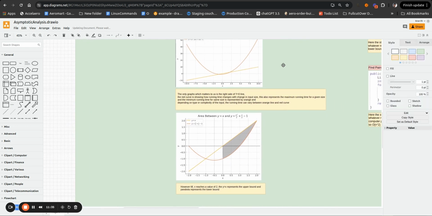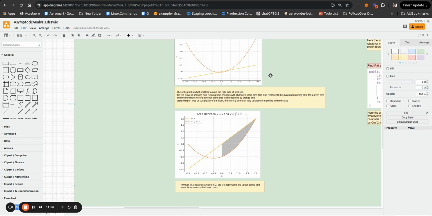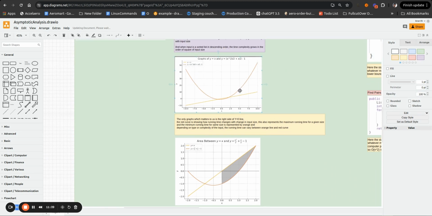Also, as we can see, this parabola dominates this line for the majority of this positive x-axis. However, from x equals 0 until almost x equals 2, this straight line is dominating the parabola curve.